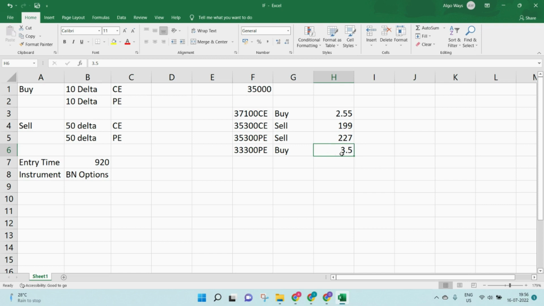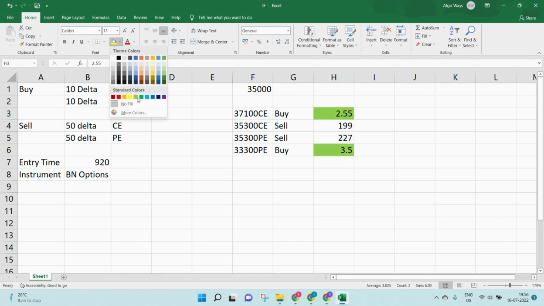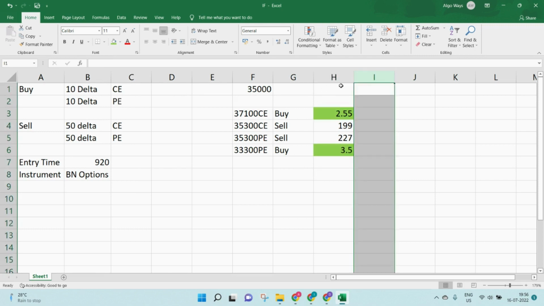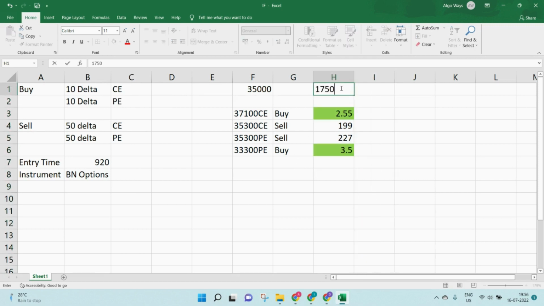Then we can decide if we want to take out that profit from the buy legs and buy the legs again. But we are not touching that right now. So we will keep these two legs unchanged throughout the day. Primarily, these two legs are reducing our margin from 1,75,000 to 1 lakh. That is the sole purpose of these legs in this iron fly. We can do it without buy legs also if margin is not a constraint.